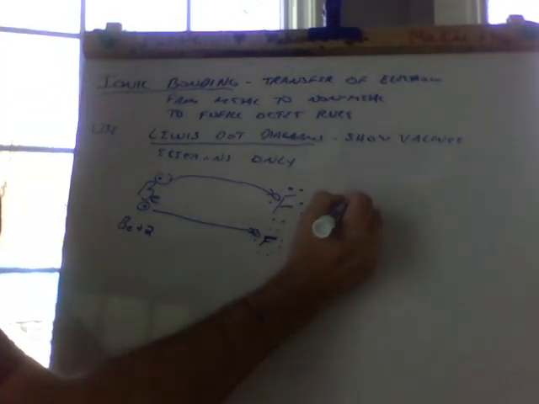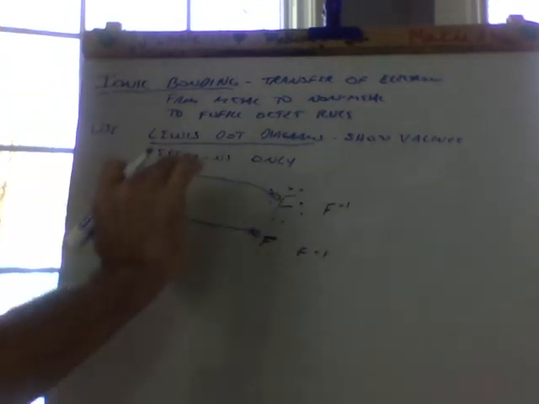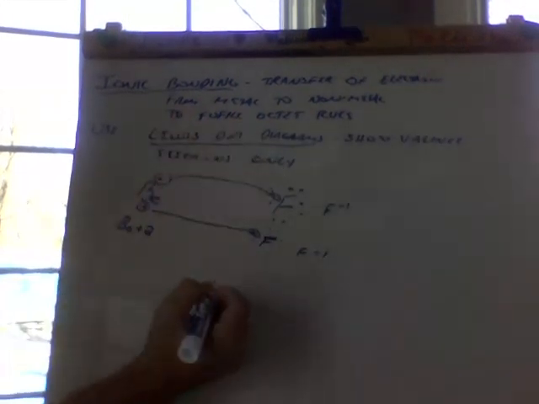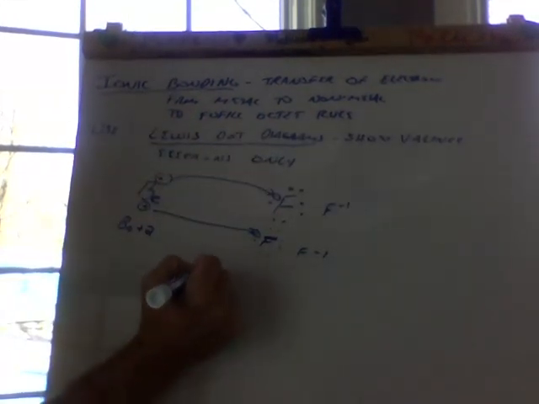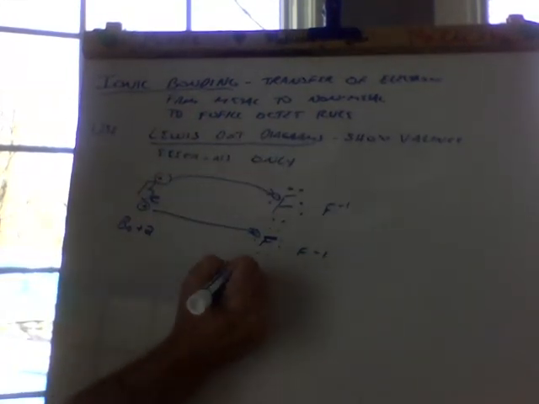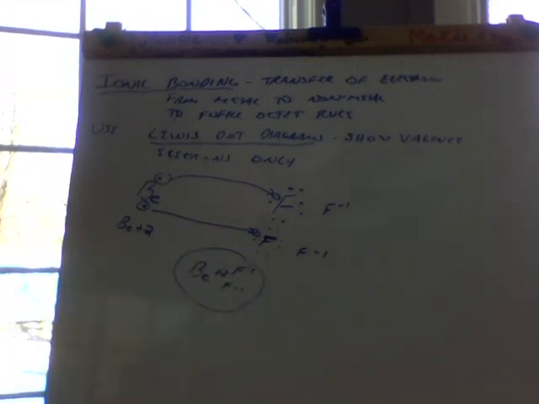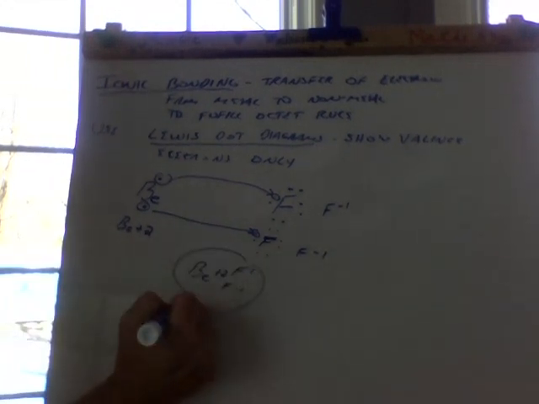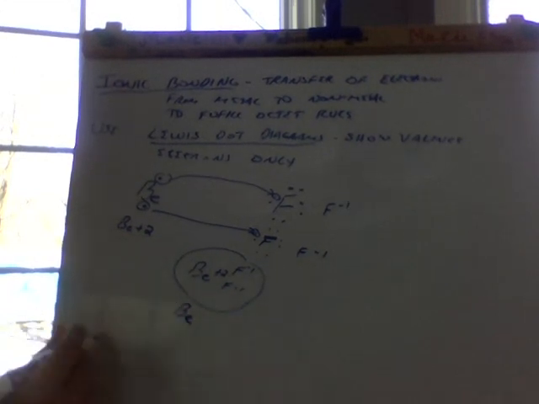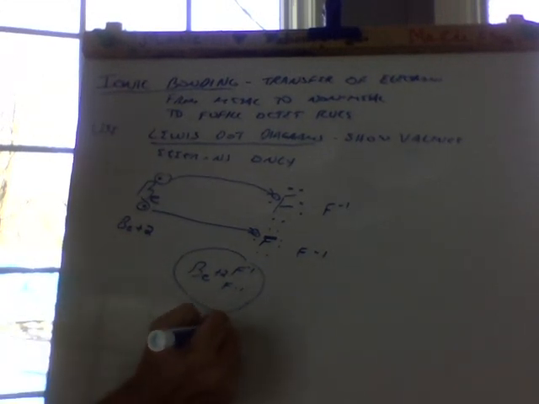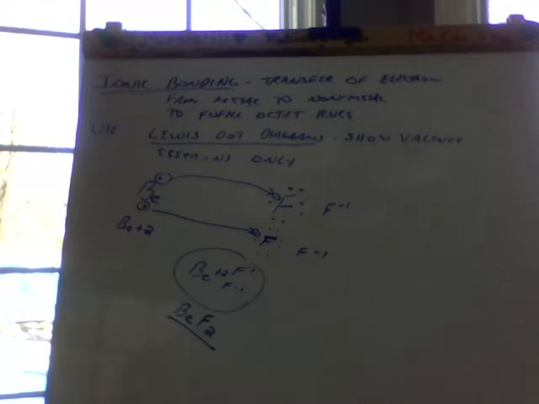Each fluorine is minus 1, and now everything's happy. The Be+2 and the two F-1 are attracted to each other by positive and negative attraction, stable and content. There's my new compound. I have 1 Be and 2 fluorines, and that is our compound, BeF2.